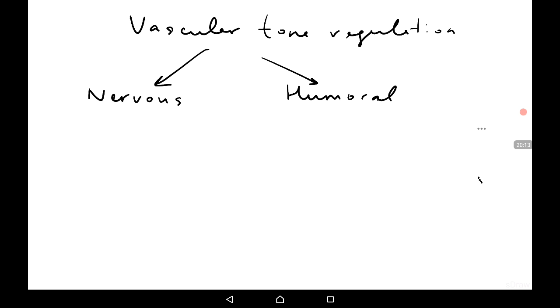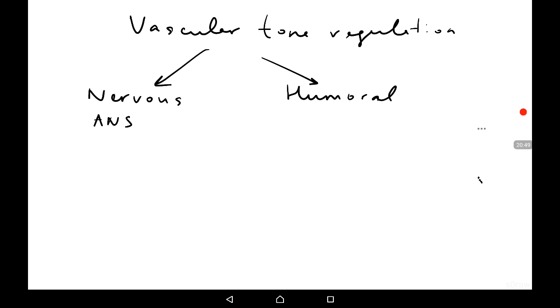So nervous regulation is produced by autonomic nervous system, and it is important to know that sympathetic nervous system regulates the vascular tone. The blood vessels almost do not have parasympathetic innervation, except heart, pelvic organs, and some other exclusions.